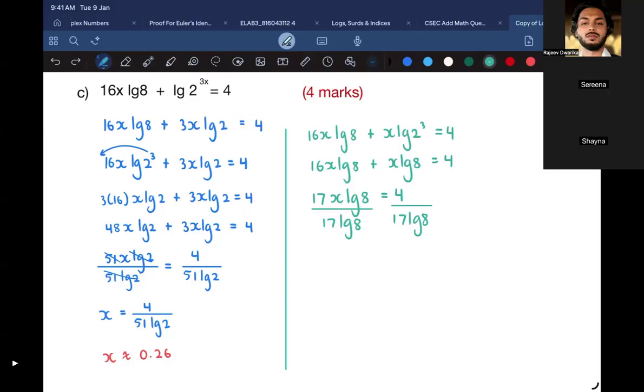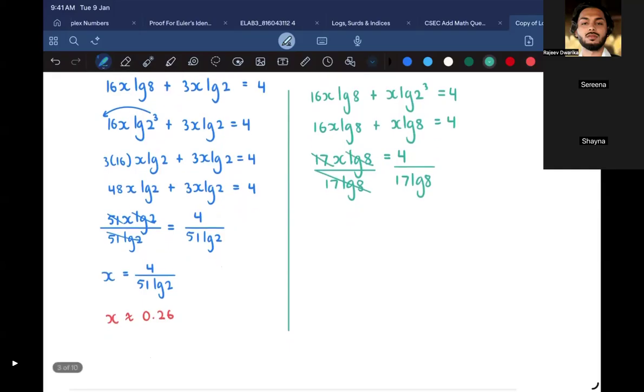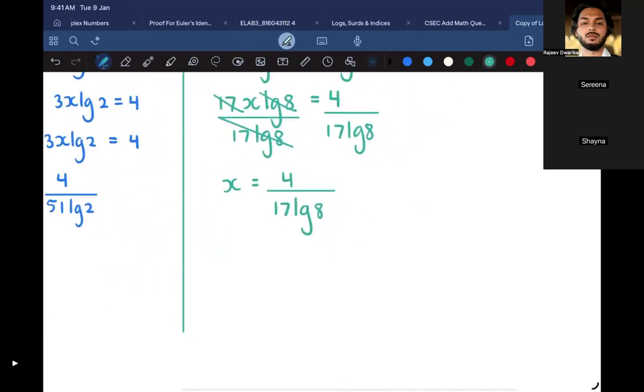I know the answer will look different, but it will mean the same thing. So in this case, x would be equal to what? 4 over 17 log 8. And I want you to understand something, right? If I change the 8 to 2 to the power 3, and I multiplied 17 by 3, what would I get? 51.